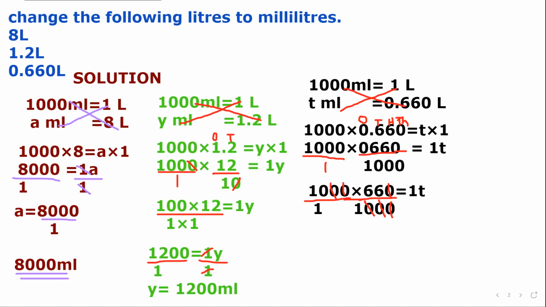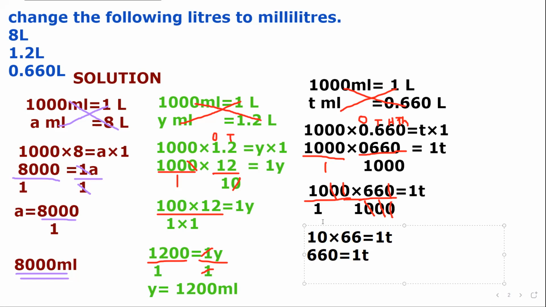Now the number left here is 10 times 66, which is equal to 1t all over 1. No? It's the same as that, so which is equal to 1t. And then we have 10 times this is what, 660 is equal to 1t.